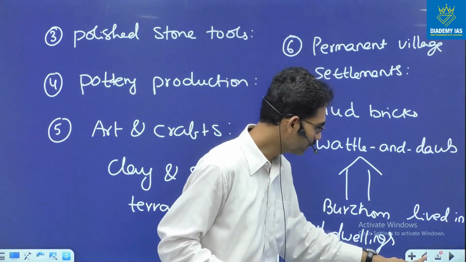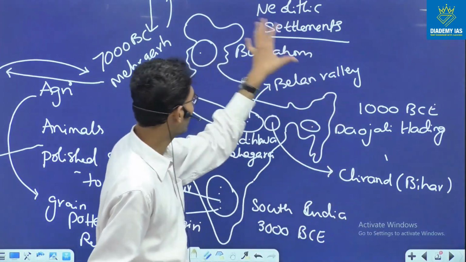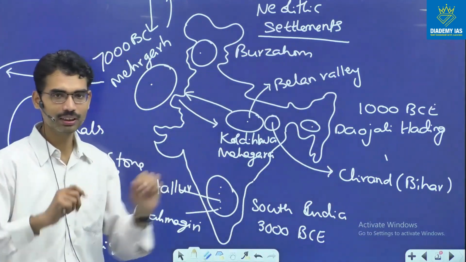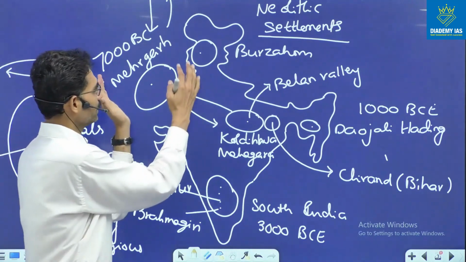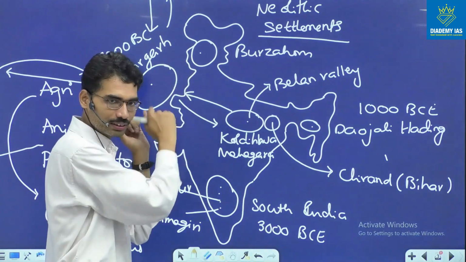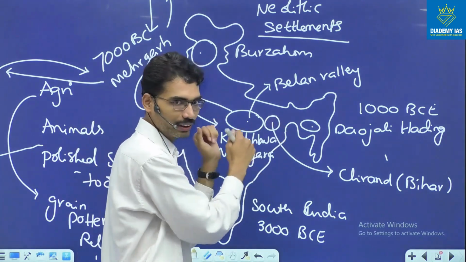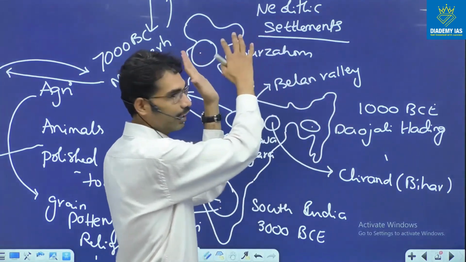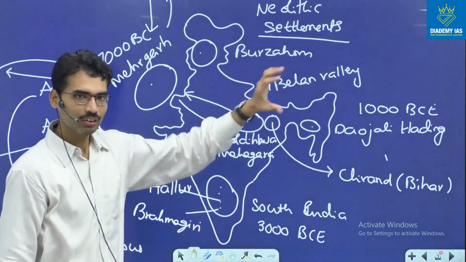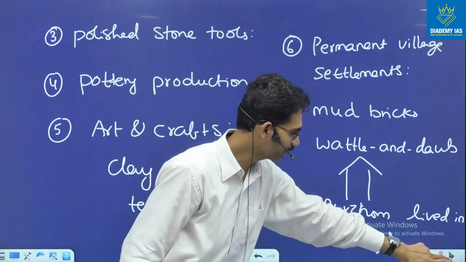What we have to do is, just divide all these areas into different regions. This area becomes northwest, this area becomes south, this becomes eastern India, northeast and Kashmir. You have to give different headings like this.